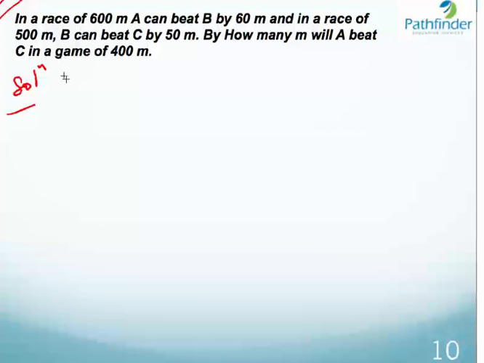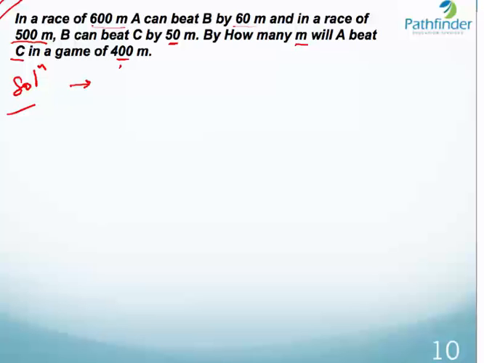In a race of 600 meters, A can beat B by 60 meters, and in a race of 500 meters, B can beat C by 50 meters. The question is, by how many meters will A beat C in a game of 400 meters? So we have three different races.